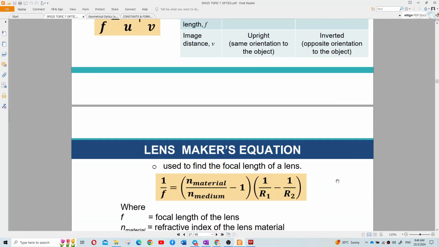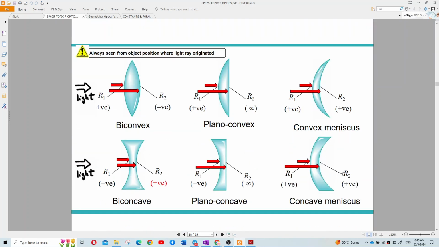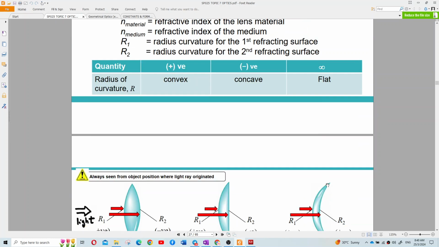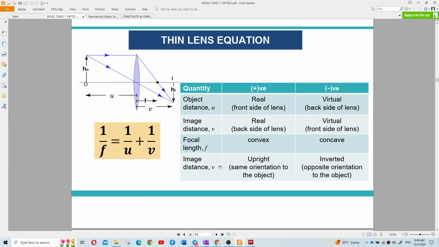Radius, if convex, is positive. Radius, if concave, is negative. If flat, it is infinity. The plane has infinite radius.